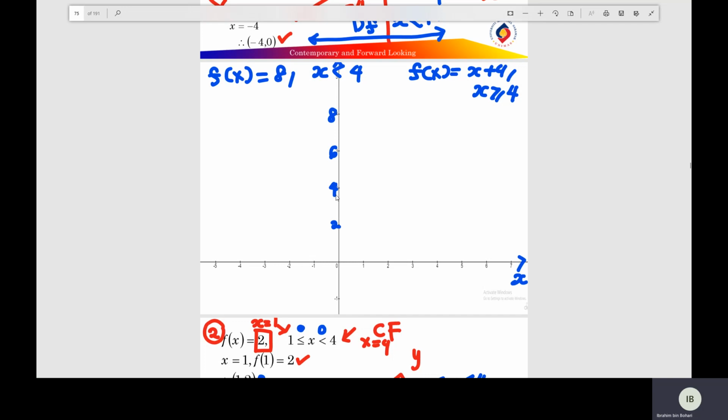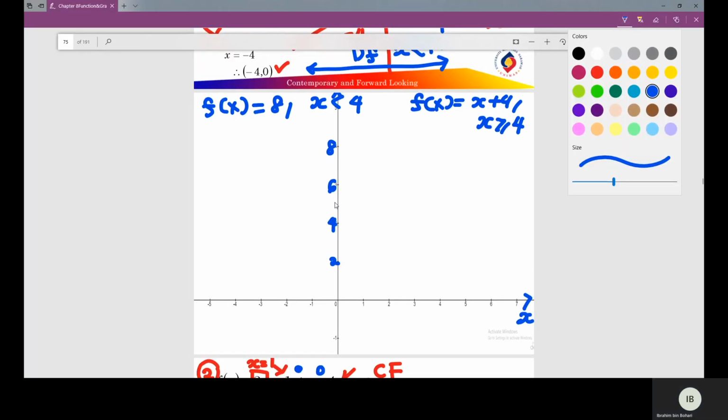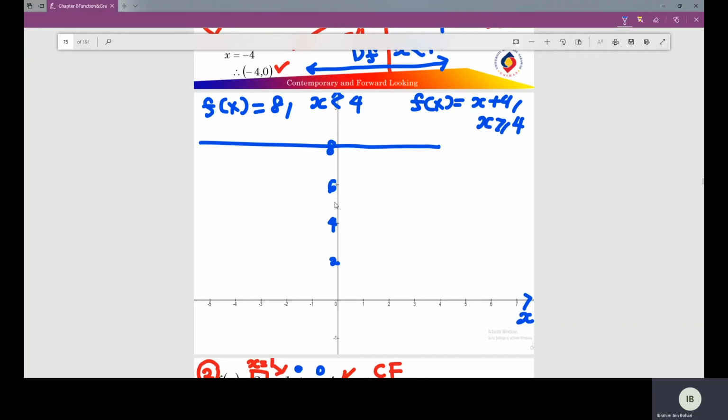So here the constant function. For a constant function, you just sketch the horizontal line. So here is a horizontal line. Okay, settled. And the value of x equals 4. Here you put the circle, dotted line, at x equals 4.